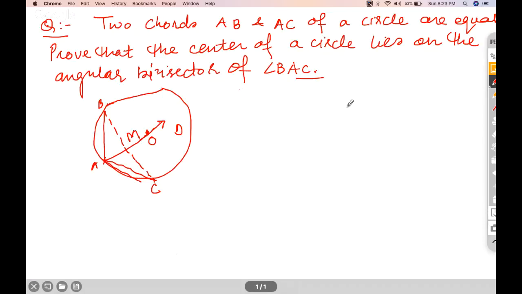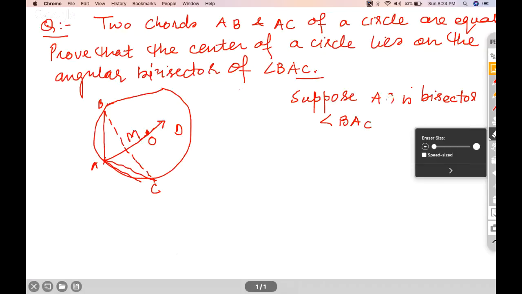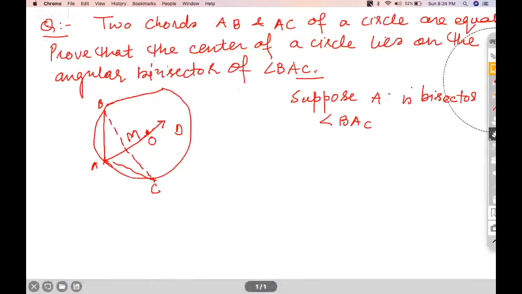So suppose AD is the bisector of angle BAC.